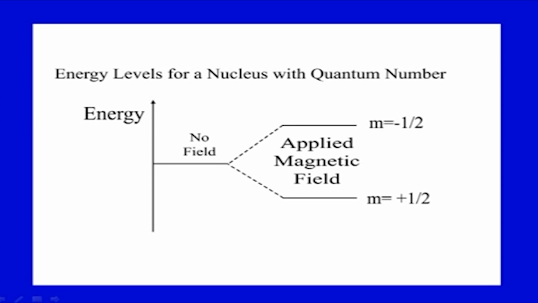NMR technique. If you see the figure here, we can take the example of a proton. When there is no field, the nuclei are just oriented randomly, but when an external magnetic field is applied, there are two species: one having spin plus half, which aligns parallel to the applied magnetic field, and one with minus half, which aligns opposed to it.